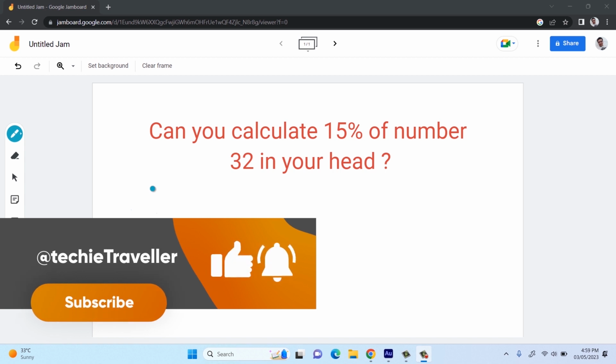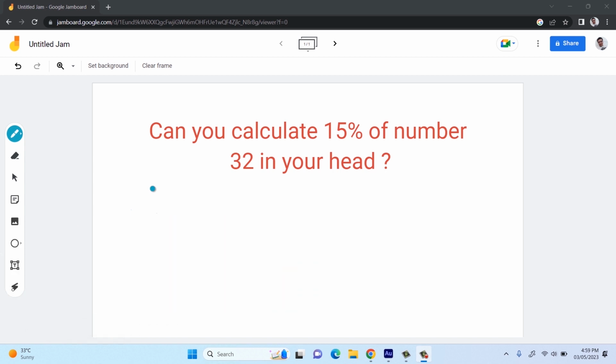So let's just first see how we calculate percentage in a traditional method. So let me just first show you the traditional method of calculating percentage, and then we will see how we can calculate the percentage mentally in a fast way. So let's just start with calculating the 10% of number 25.